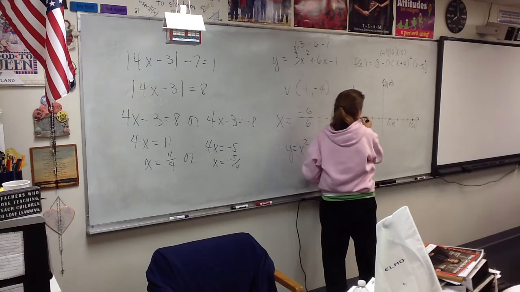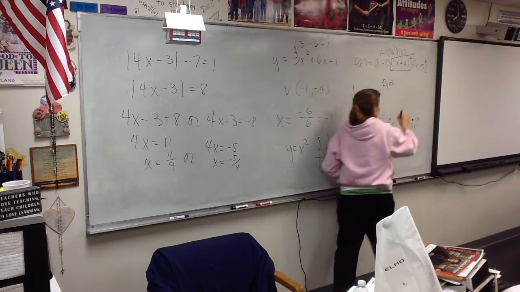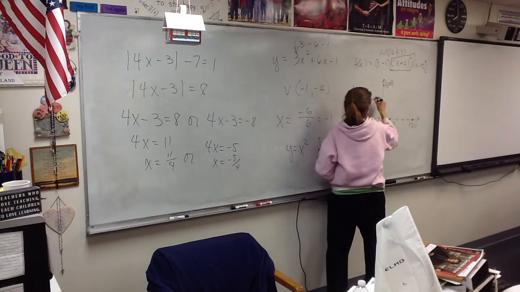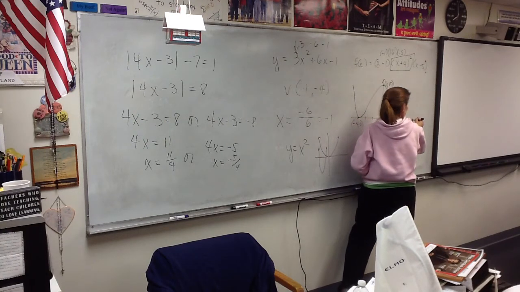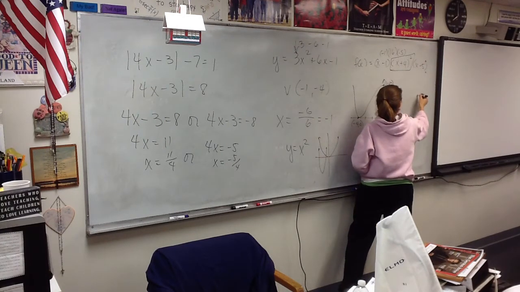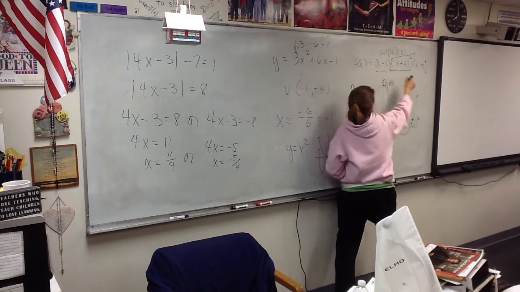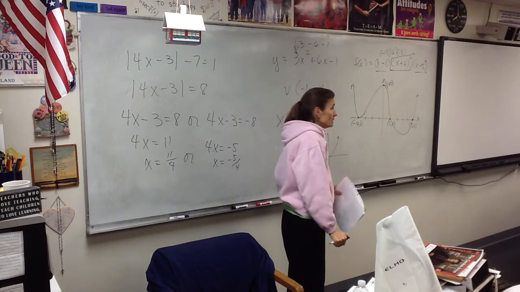Now what does he do when he hits this point? He bounces off because that point came from a squared factor. So he bounces off. He's got to come back down and get this. What does he do when he gets here? Goes through. What does he do when he gets here? Goes through. He goes through these because those factors are not squared.